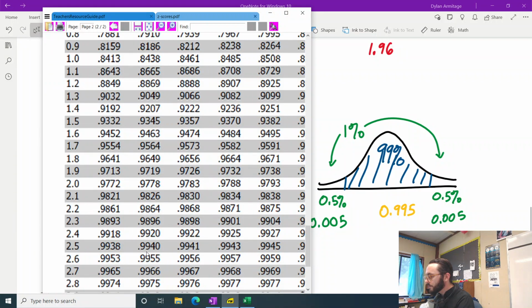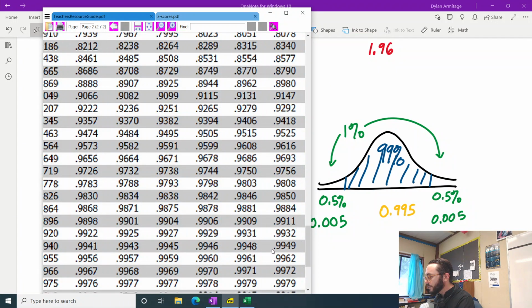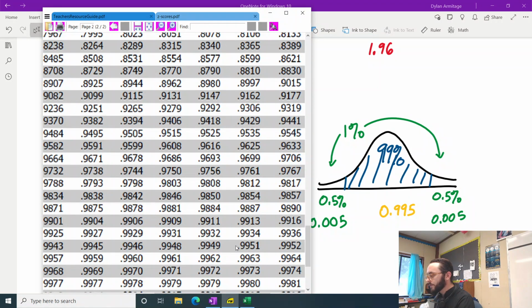It's probably going to be here. So it's between these two. Here we have 9949, and here we have 9951. So we could go between them, or we could just pick one. It's not going to change too much right now.